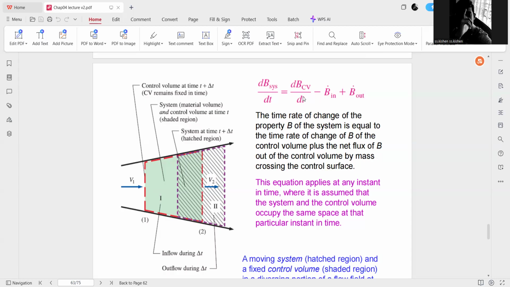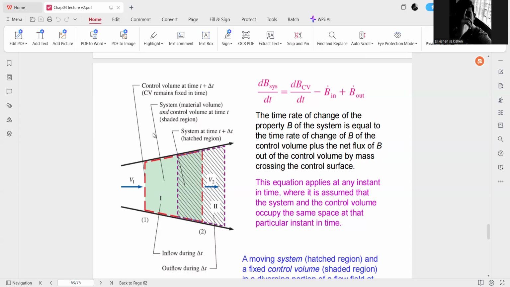RTT is divided into two components: unsteady accumulation, which is how property B of the system accumulates within the control volume, and flux across the boundaries, which explains how property B flows across the boundary, the control surface.